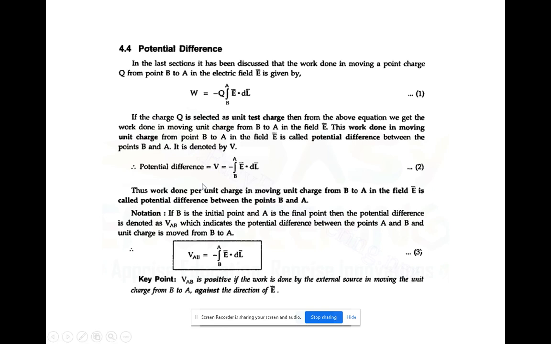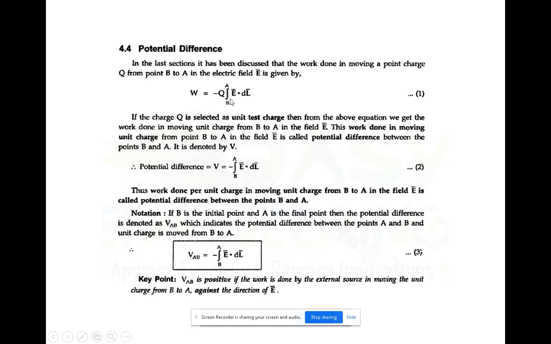So that is represented by V, the change in voltage. In the electric field, the change in voltage between the points is called the potential difference, represented by the integral B to A E vector dot dl vector, with the Q charge.